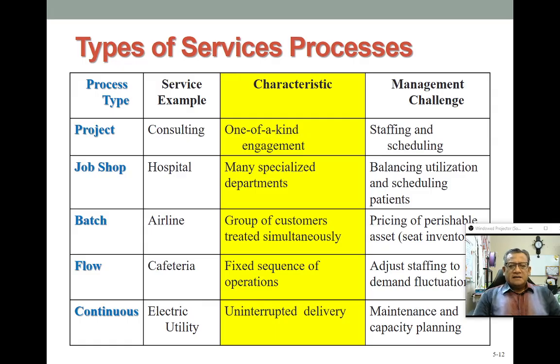After blood sampling, normally you can only get the result and later see the doctor. So those are the job shop approach or type as shown by a hospital.